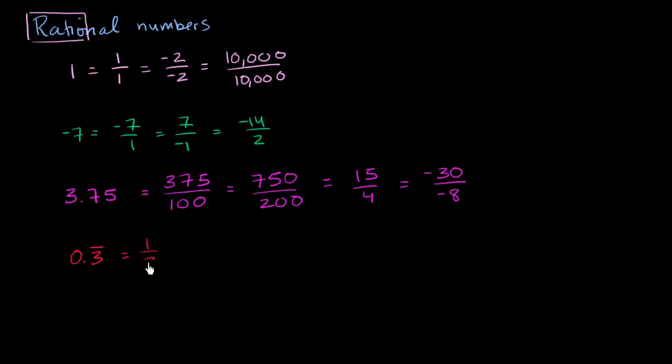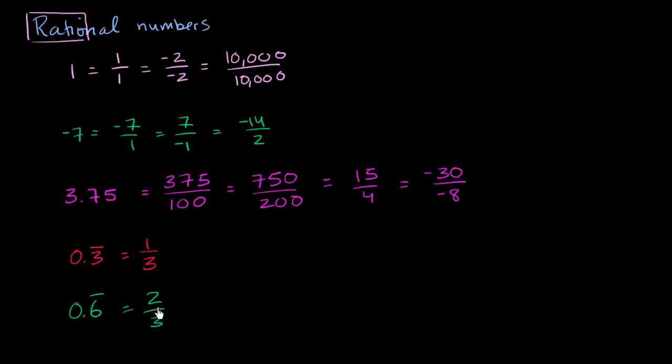This is clearly 1 over 3, or maybe you've seen things like 0.6 repeating, which is 2 over 3. And there's many other examples of this. And we'll see any repeating decimal, even if it has a million digits repeating, as long as the pattern starts to repeat itself over and over again, you can always represent that as the ratio of two integers.